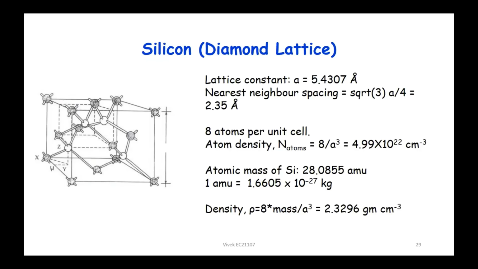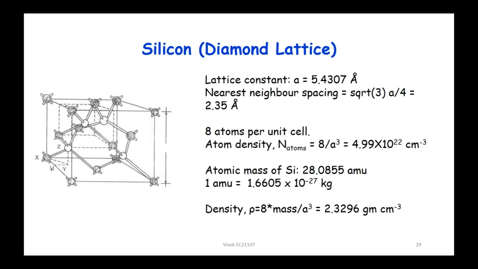Now if you note here, the density of atoms per cubic centimeter is of the order of 10 raised to power 22. If you recall from introduction to electronics or basic electronics, what is the intrinsic carrier concentration? That's around 10 raised to power 10 per cubic centimeter.